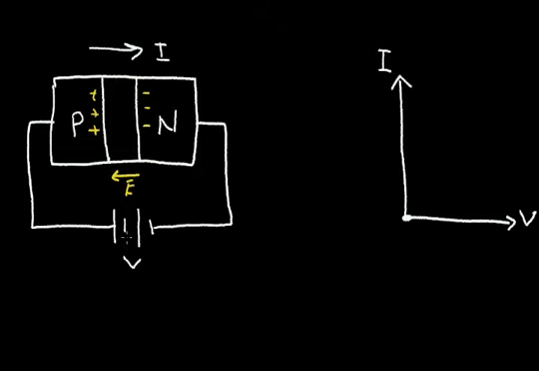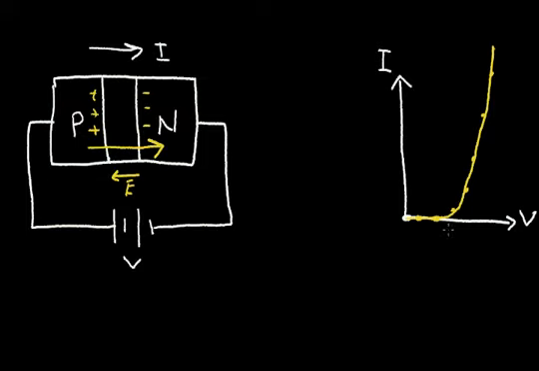And as I increase this voltage, I move out here, I increase the voltage a little more, I move out here, and eventually I collapse the depletion region, and at that point I get current to flow from the P region to the N region. So I get a current flow, and if I increase the battery voltage a little more, the current continues to increase. So I get a curve that looks something like this.